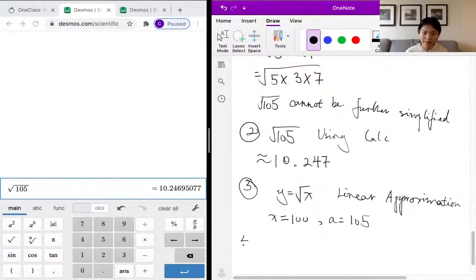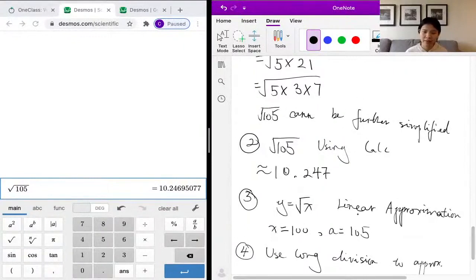There's also another way where you can use long division to approximate the square root of 105. Again, I'm not going to go too much into detail on the linear approximation and long division methods.